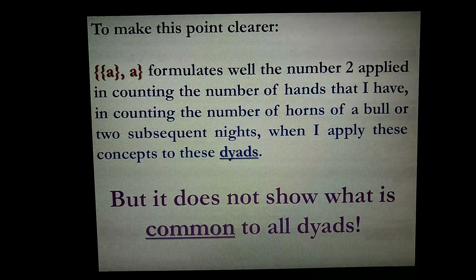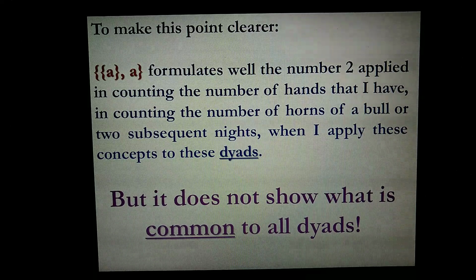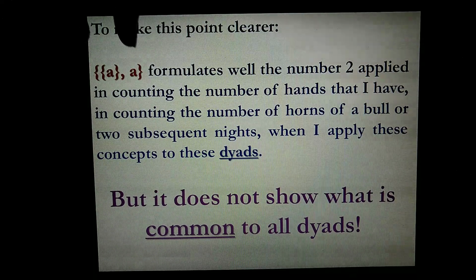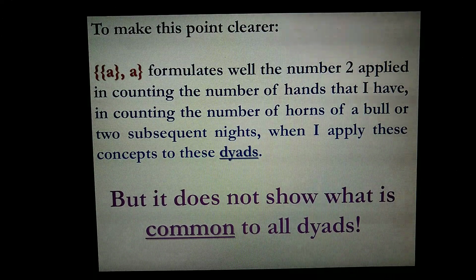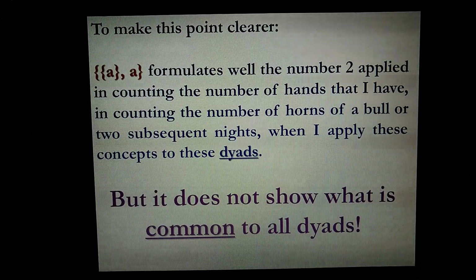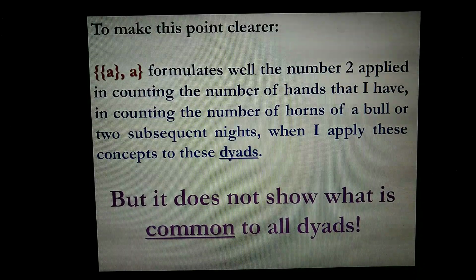To make this point clear, we have two applications. This formulates well the number 2 applied in counting the number of hands that I have, in counting the horns of a bull, or 2 subsequent nights. Then I apply these concepts to these sets. But it does not show what is common to all of them.